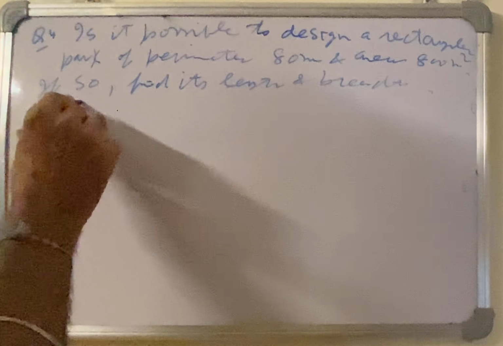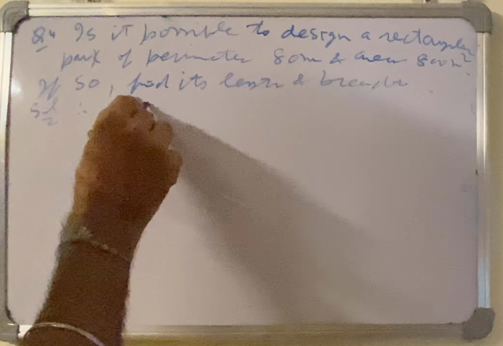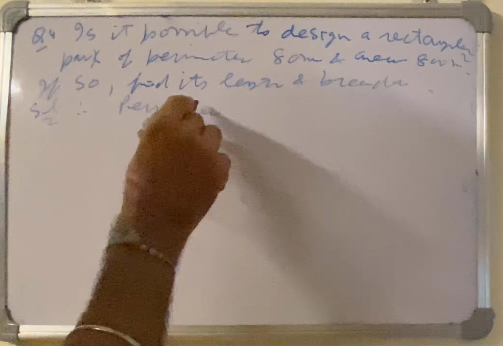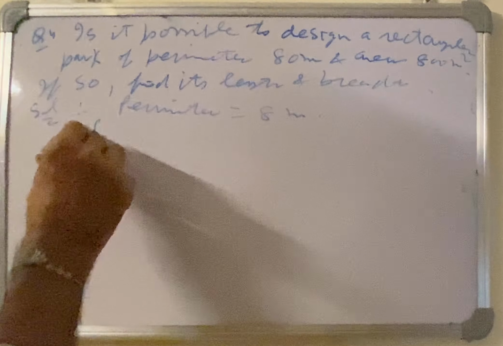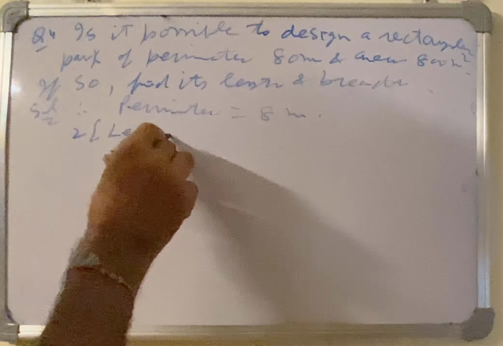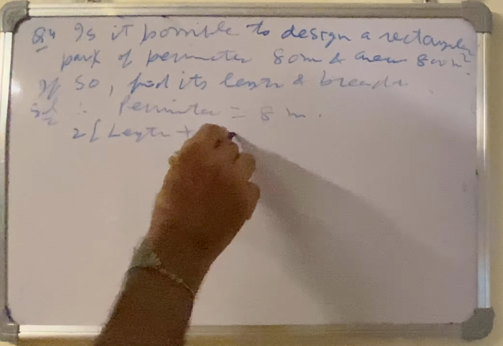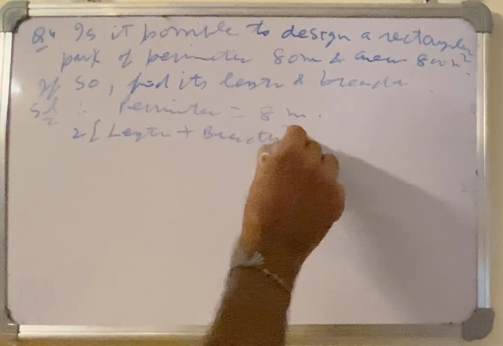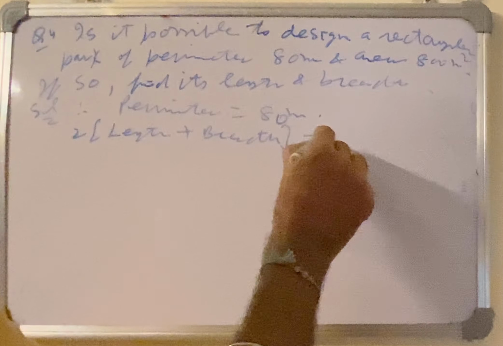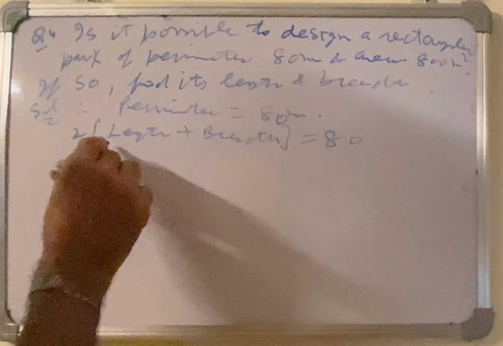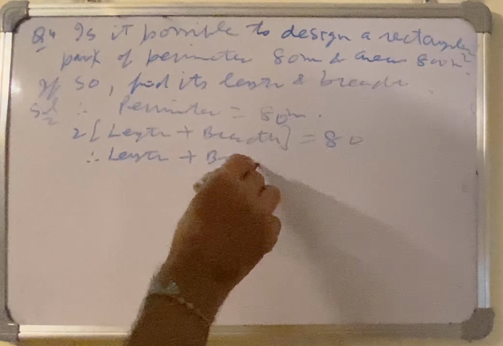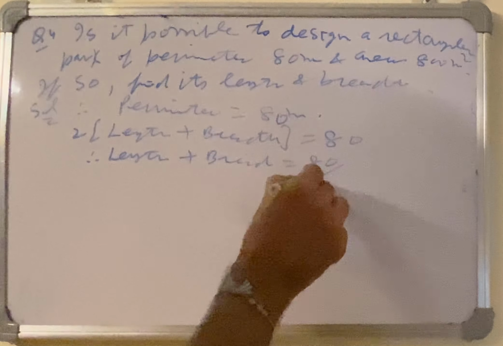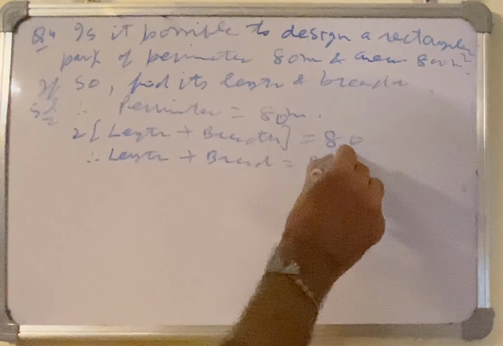Solution. We have the perimeter of the rectangular park is 80 meter. You know, twice length plus breadth is the perimeter, which is equal to 80. Therefore, length plus breadth is 80 by 2, which is 40 meter.